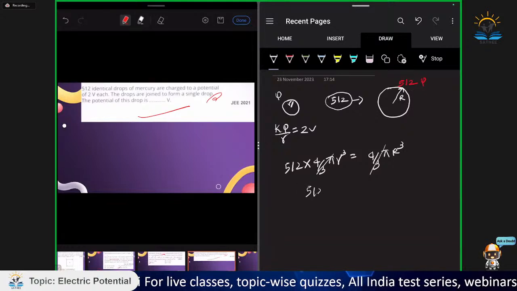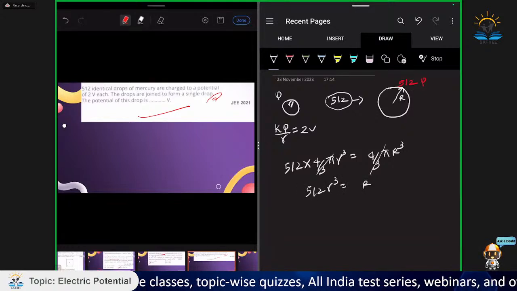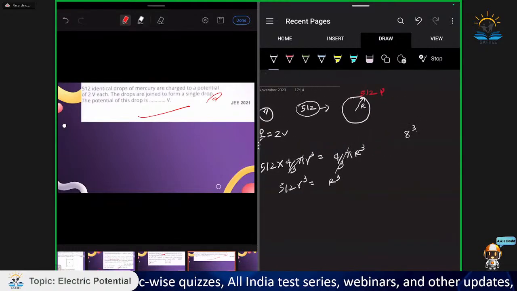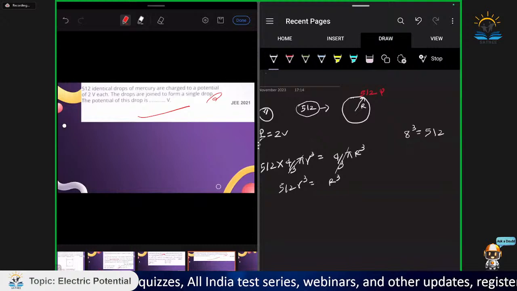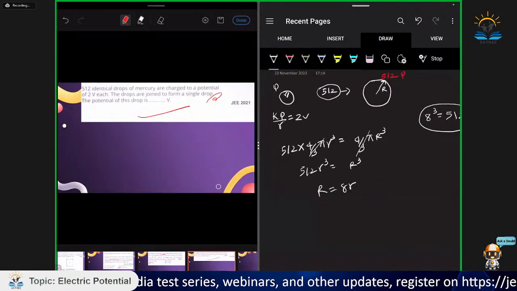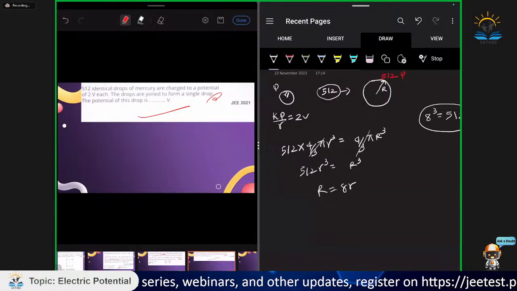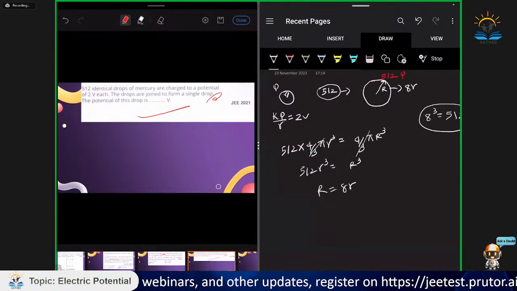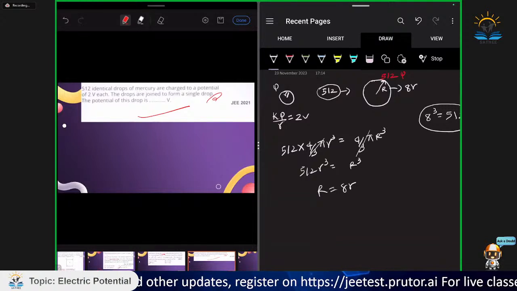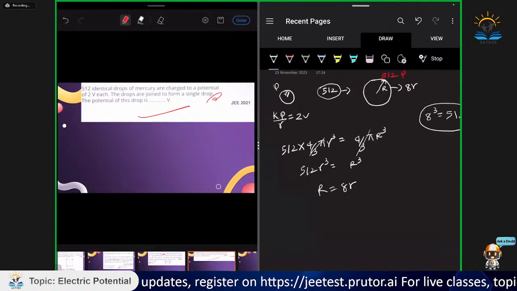So 512 r cube equals capital R cube. We know that 8 cube is 512. So capital R is 8 times the small radius r. Easy. So we got the radius of the single drop.